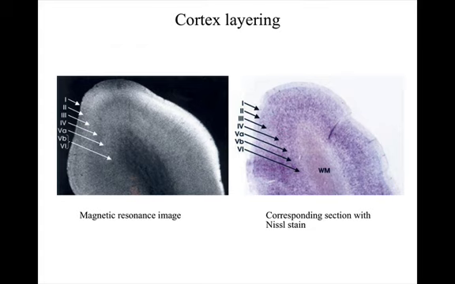Layer 4 contains very small spiny stellate neurons, very large numbers of them in the areas that process the initial inputs from the senses. The pyramidal neurons in layer 5 are large, while the pyramidal neurons in layer 6 vary in size with no clear pattern across the layer.